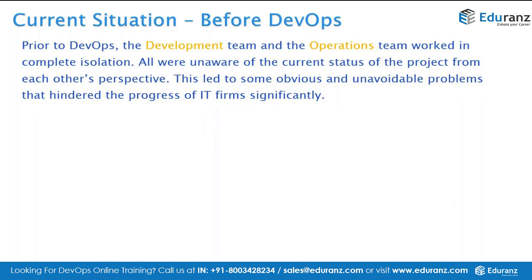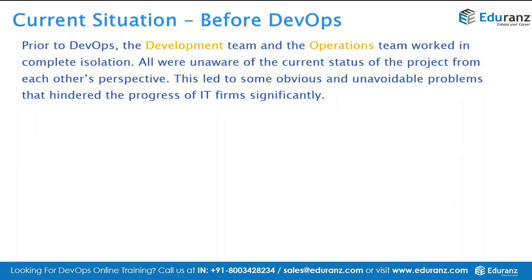But the problem is when these teams are not working in the same building, they will be completely isolated. Not in terms of communication, but they don't share their information or inform the current status to the other team. So the teams will not be aware of the status of the project from others' perspective.